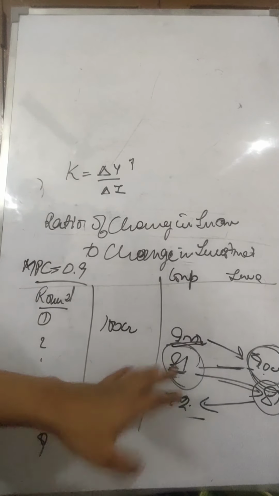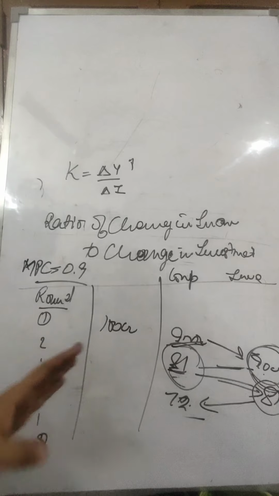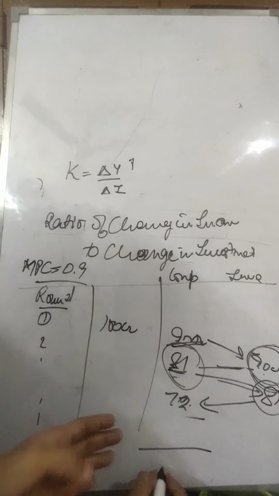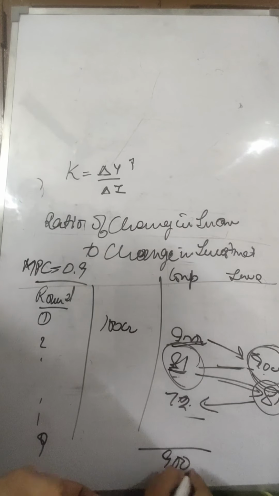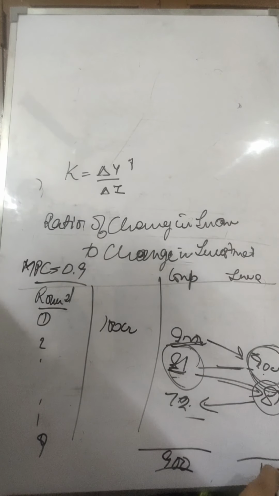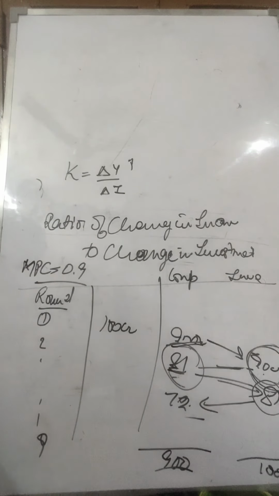Going on through further rounds, at the end I will see that my consumption will be 900, and my increase in income will be around 1000.